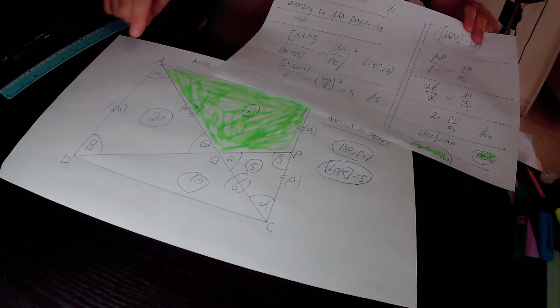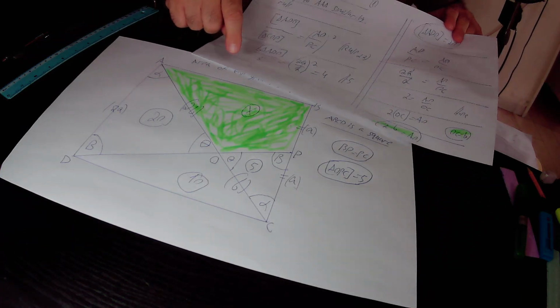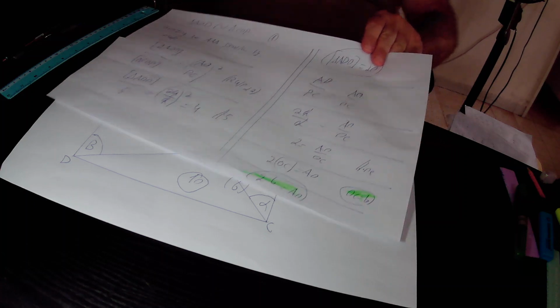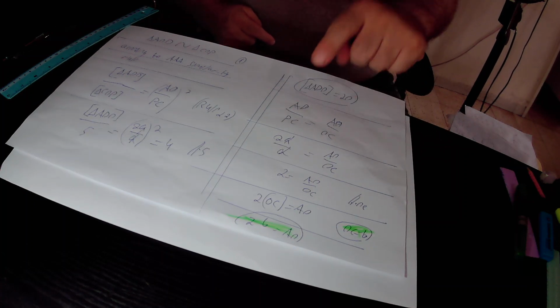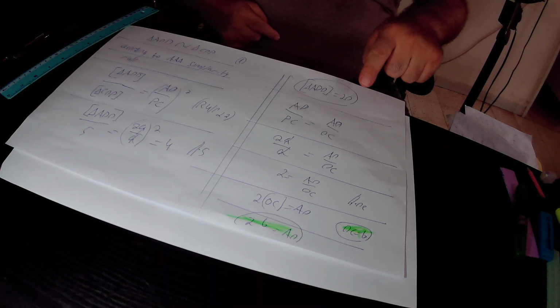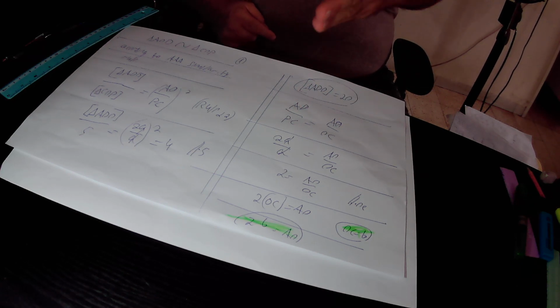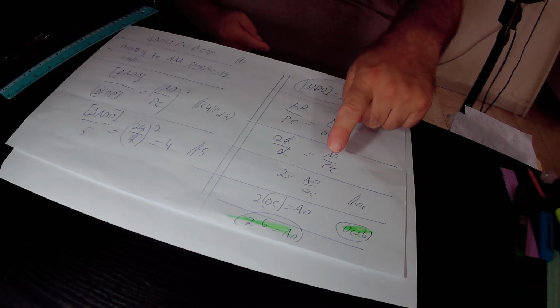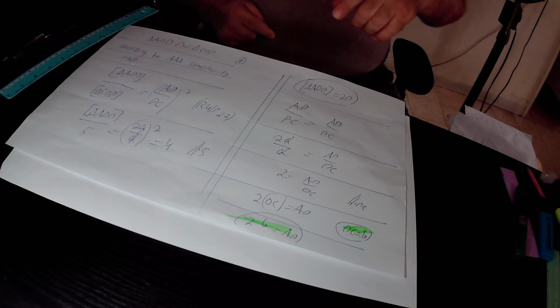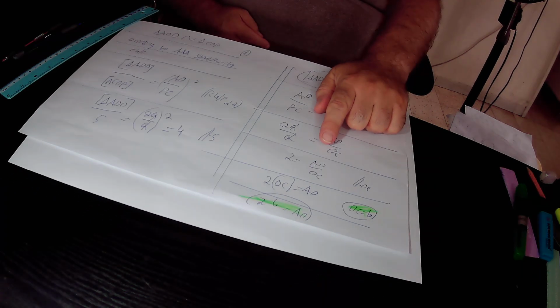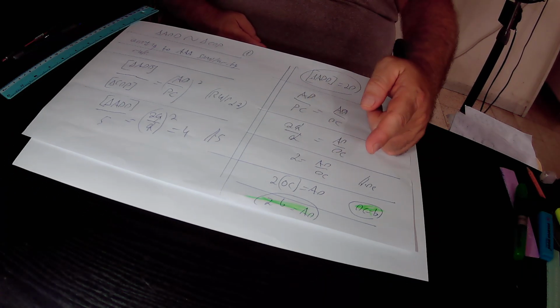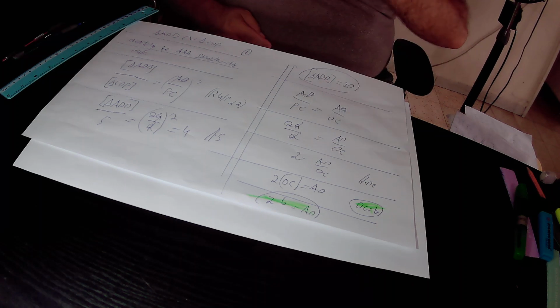AD is 2A and PC is A. So it is 2A over A. This equals AO over OC. We have A in the numerator and A in the denominator, so A will get cancelled, and we are left only with 2 equals AO over OC. Here we multiply this equation by OC and finally find out that 2 times OC equals AO.